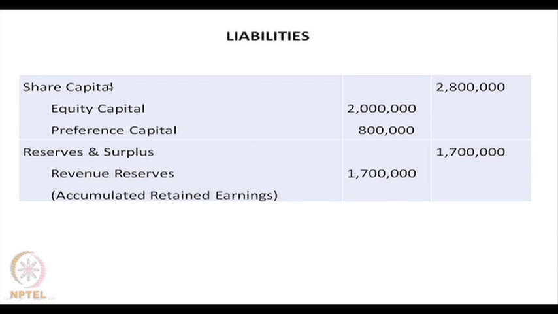The owners are also owners of these accumulated retained earnings. This I already have told you in one of my past lectures. So, here the company owes it to the owners. Therefore, this is also included here under liabilities. This comes as 1,700,000 rupees, that is posted here.